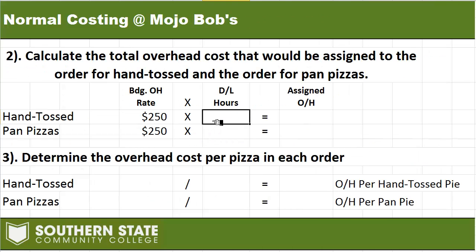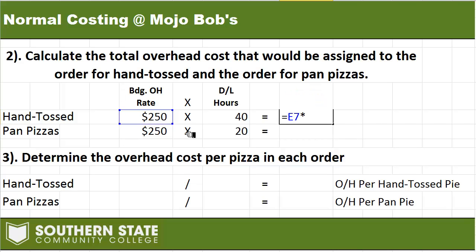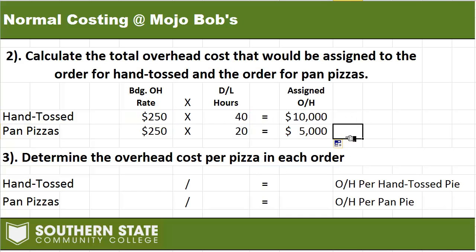So we'll plug in 40 and 20 and do the math here. 250 times 40 direct labor hours is going to be $10,000. 250 times 20 is going to be $5,000. So we're going to assign or budget $10,000 of overhead for the hand-tossed pies and $5,000 for the pan pizzas.